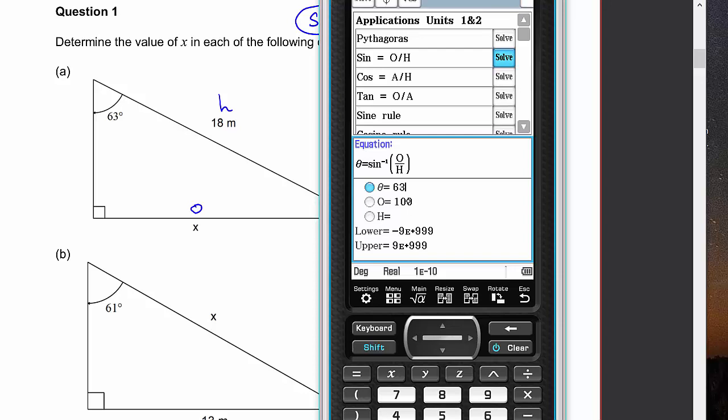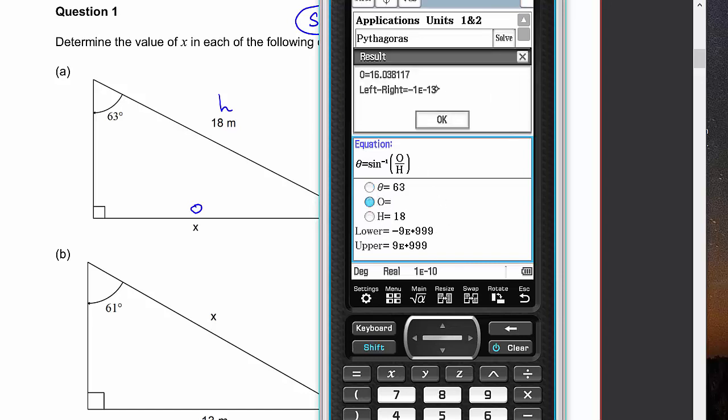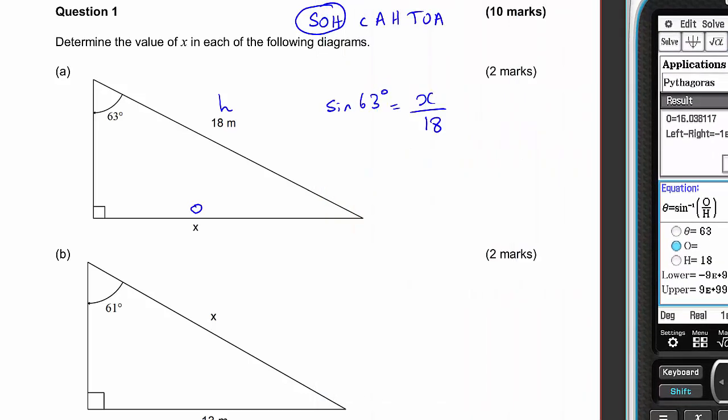We know the opposite's what we're trying to find, and the hypotenuse was 18, finding the opposite, and that gives us 16.04. So x is equal to 16.04 meters, and that's part A.